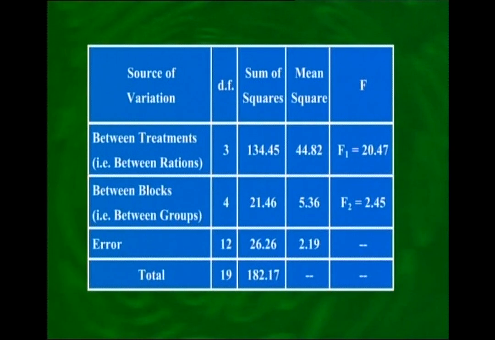The overall variation is represented by the term total, and error variation represents the variability that exists within each treatment block combination that we have.